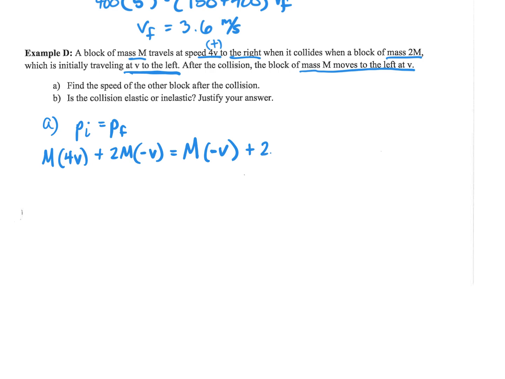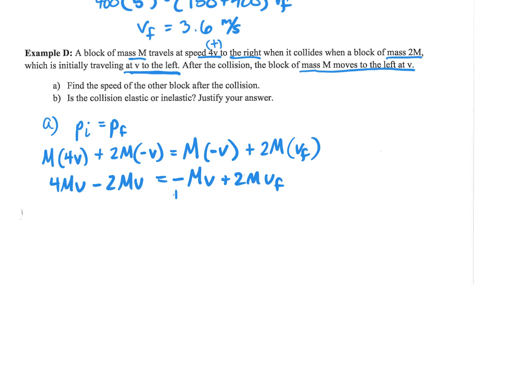And then we know 2M, but we don't know which direction it's moving. So do you see how we can do this? Let's work this out. 4mv minus 2mv equals negative mv plus 2mv final.